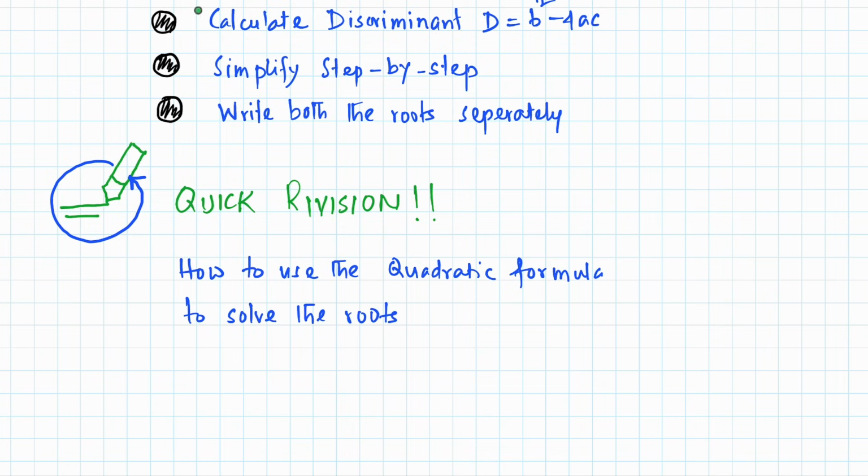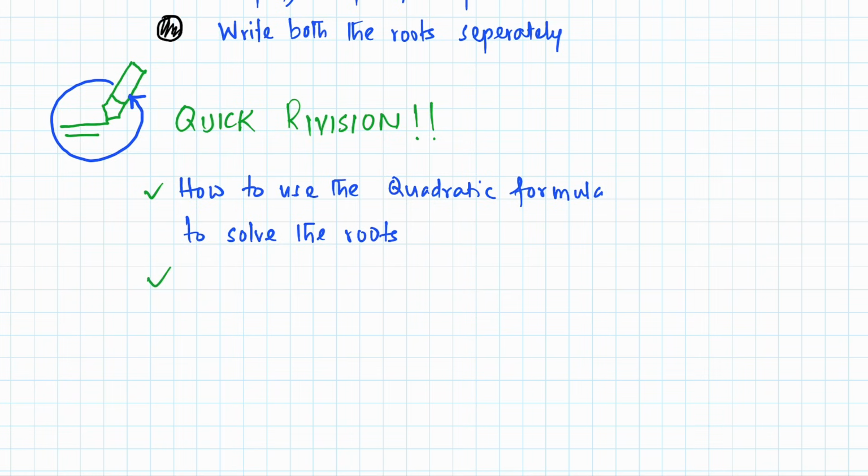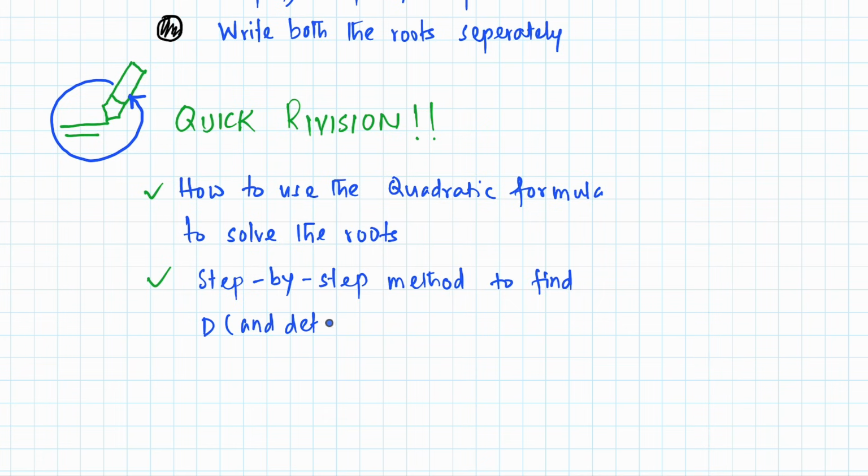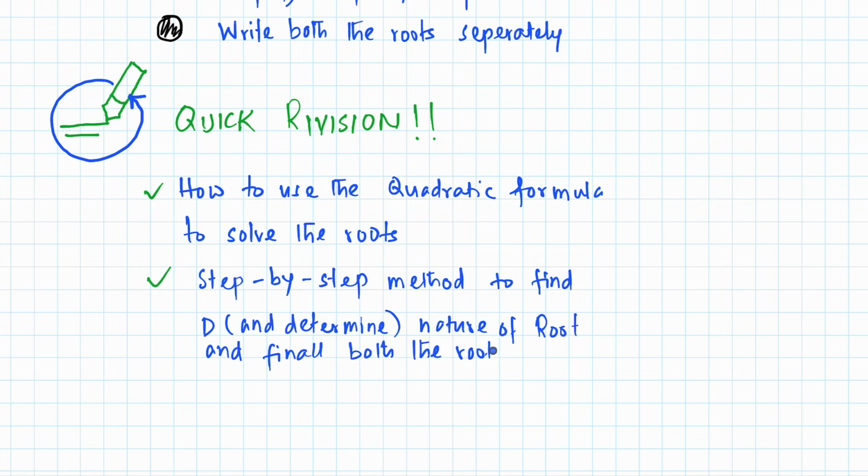Secondly, the step by step method to find the discriminant, which also helps to determine the nature of the roots. And finally, both the roots.